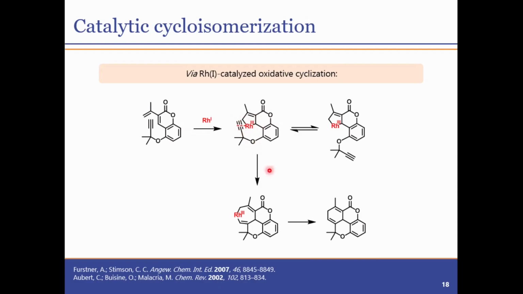And then this really templates the molecule for an alkyne insertion, yielding this species here. And then upon a reductive elimination of that metal, we can unveil the desired cyclohexadiene. So this is fairly precedented, but the key component here was that we chose rhodium as a metal.